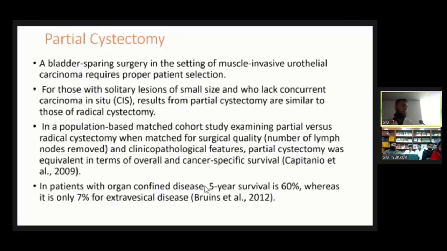A study showing a match of surgical quality, lymph node yield, and clinicopathologic features found partial cystectomy equivalent in terms of overall and cancer-specific survival. In patients with organ-confined disease, 5-year survival is 60%, otherwise it is 7% if the disease is extravesical.